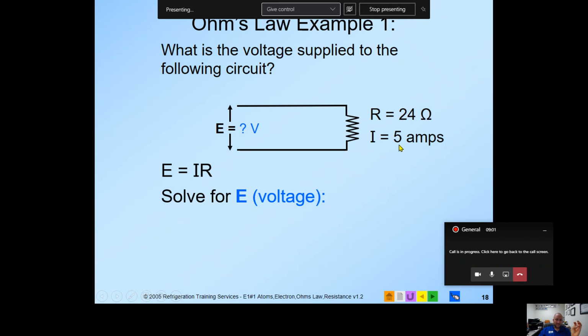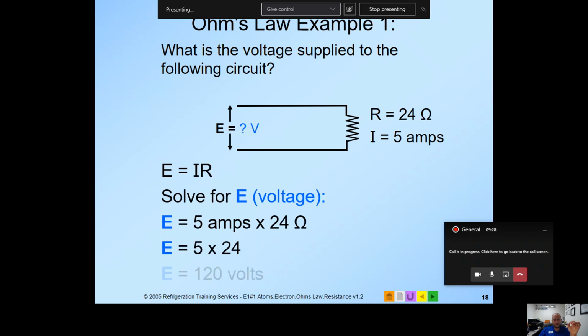I know that it's drawing 5 amps of current, which means that's the intensity of the flow. So what is the voltage given those numbers? You're just going to plug those in for your E equals I times R. Your E is your unknown, E is your voltage, electromotive force, and amps is your intensity, and 24 ohms is your resistance. So plug those in. 5 times 24 equals 120. So that would be your applied voltage there.